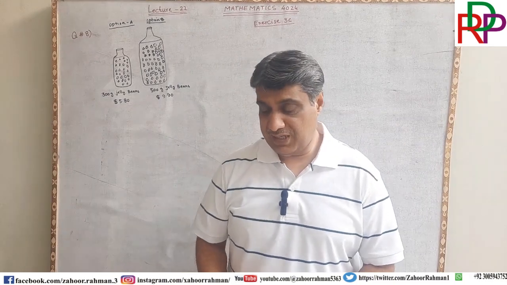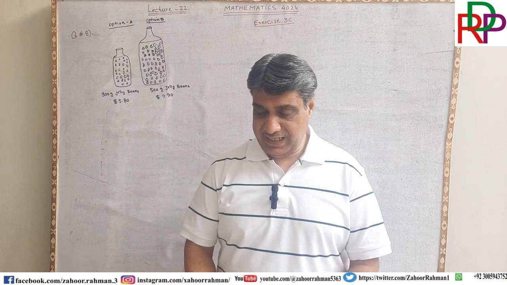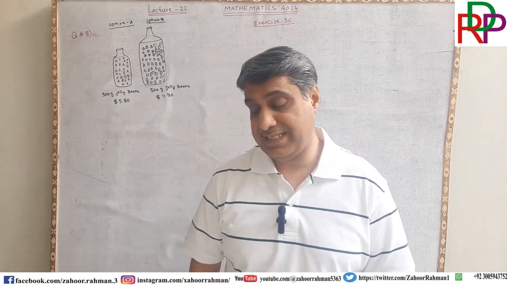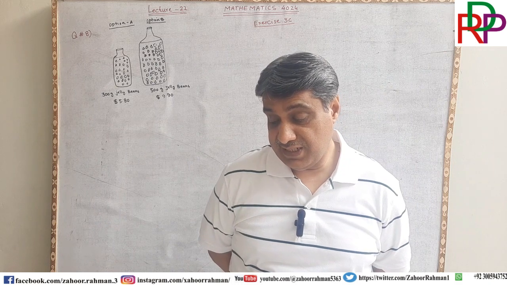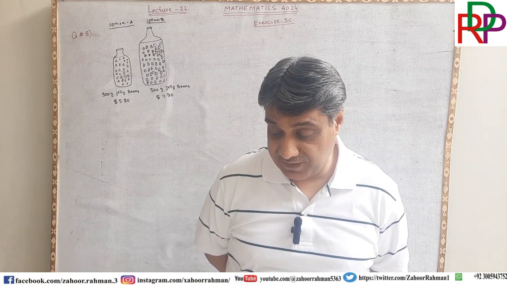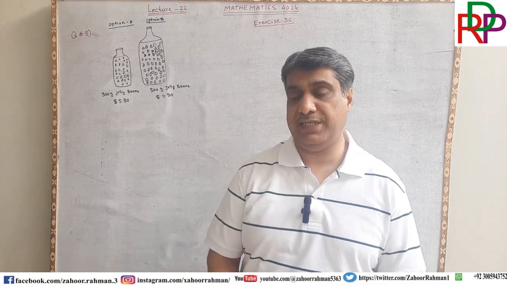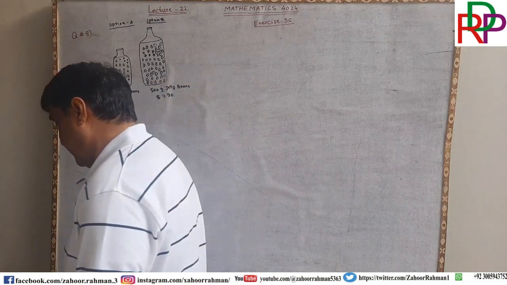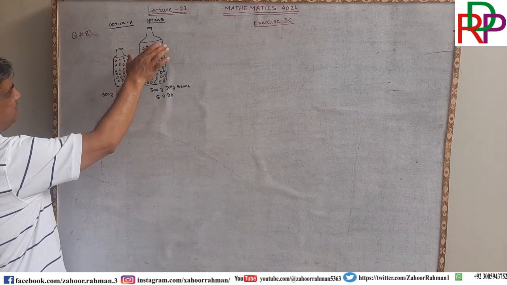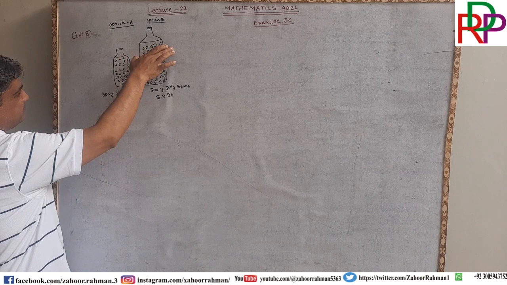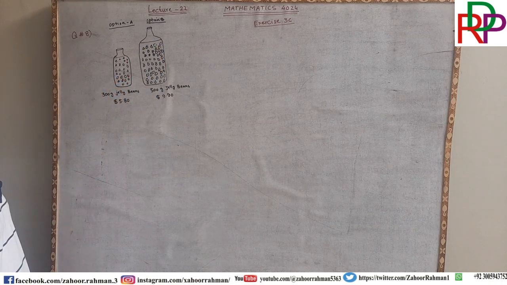Today we are going to do question number 8, and question number 8 is saying without using a calculator, decide which of the option is better value for money. Let me explain it. There are two bottles, one is the bigger one and one is the smaller one.